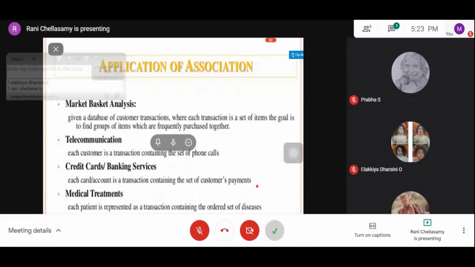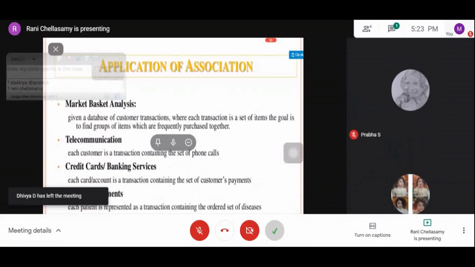In medical treatments, each patient is represented as a transaction containing an ordered set of diseases. In basketball game analysis, each game is represented as a transaction containing a set of ball passes. Like this, each application is considered a transaction consisting of some set of items, depending on the application.